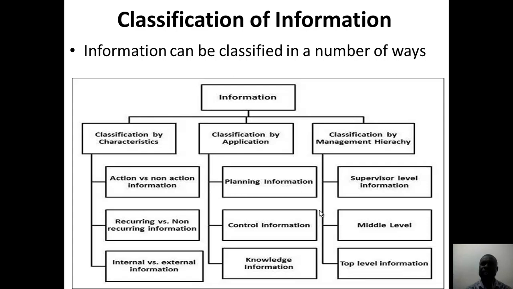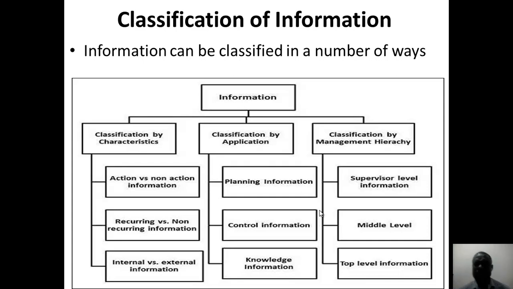For instance, your strategic goal tells you that you're going to provide these particular items, but along the line, you receive information from the market that no, the item has had a replacement that is doing so well. So do you continue to produce the old items? No. So this is a control information that helps you to adjust. Then we have knowledge information that gives you a broad idea about what is going on, both internally and externally.